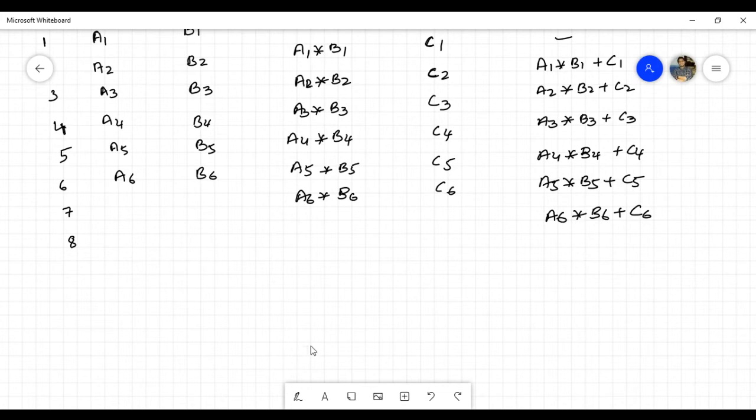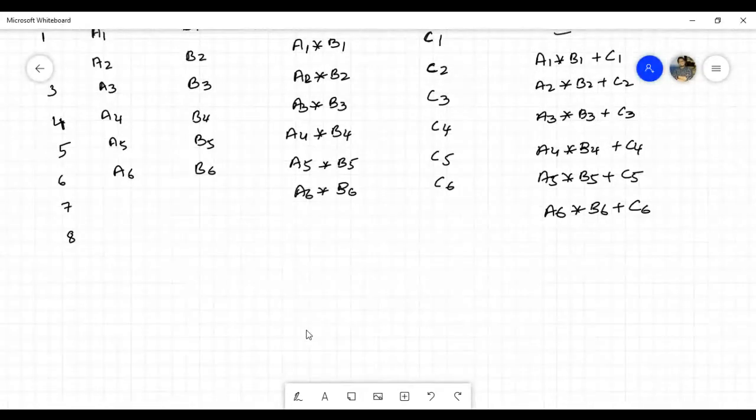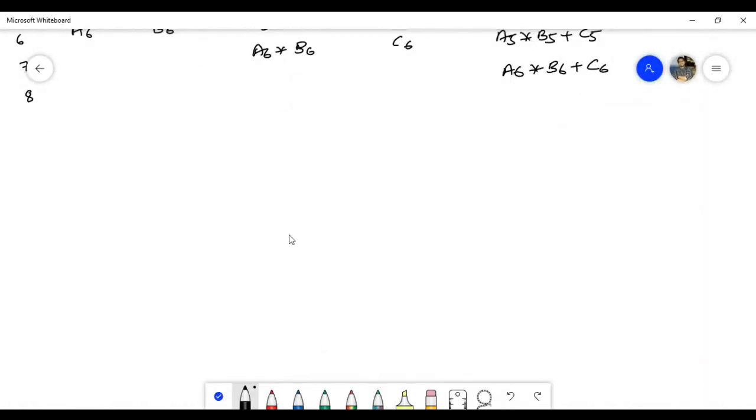Part B is AI plus BI cross CI plus DI. So again, we'll start with segment one.